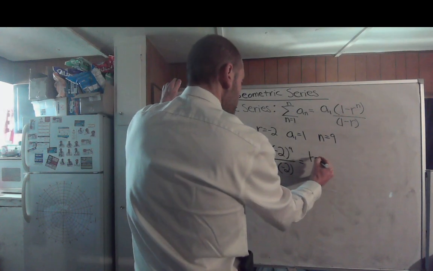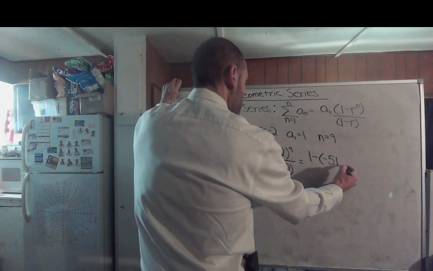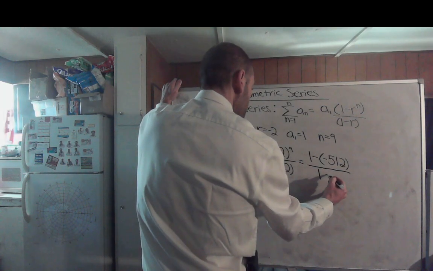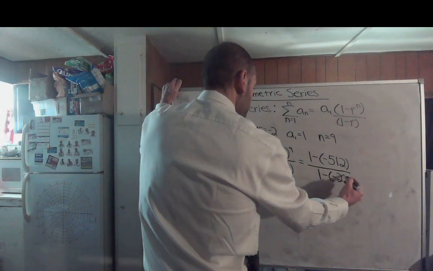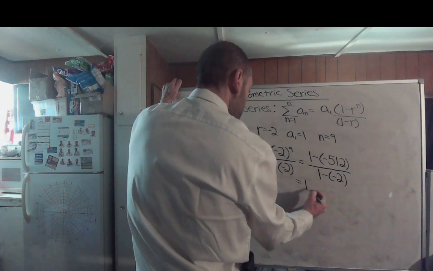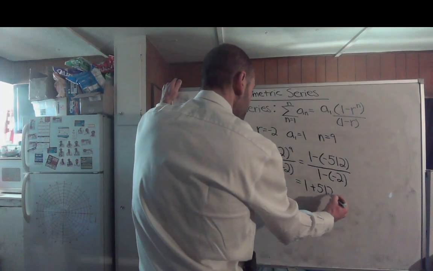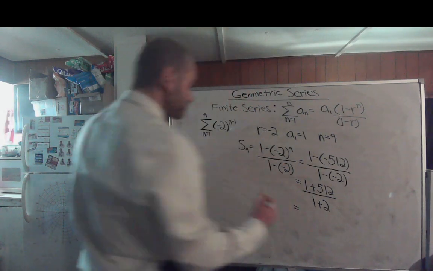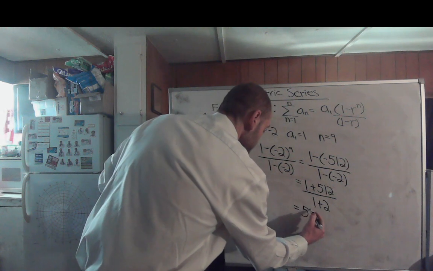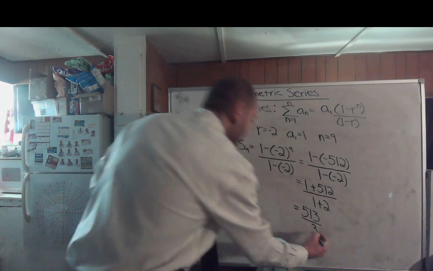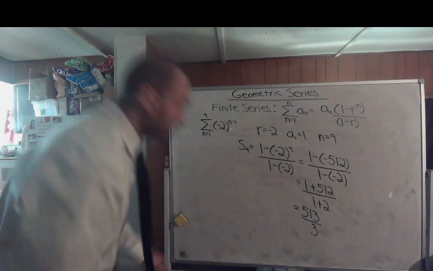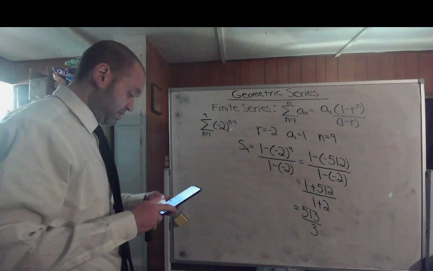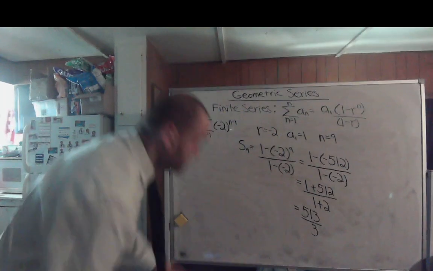Well, that would be 1 minus negative 512 all over 1 minus negative 2. Well, that's going to equal 1 plus 512 all over 1 plus 2, which would equal 513 divided by 3, and I would like to say that's going to divide evenly. I think it will, actually. Yes, it does. It's 171.